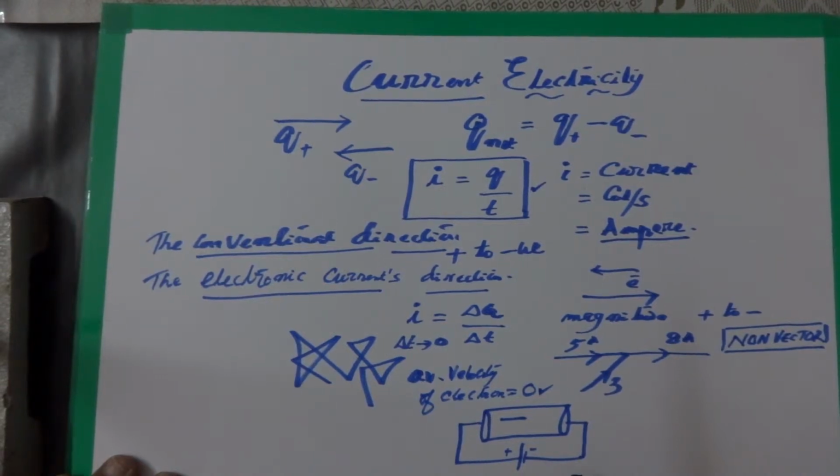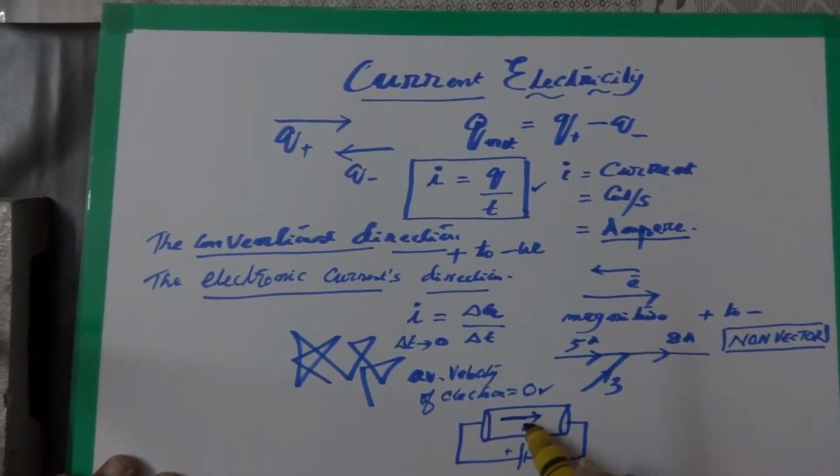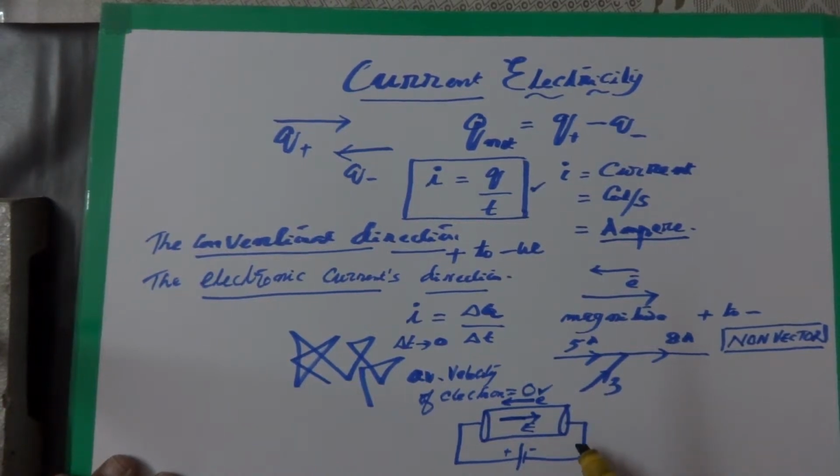Now, as and when the potential source is connected across the metal or conductor, then immediately an electric field is generated. The direction of the electric field is always from positive to negative. In the opposite direction of the electric field, the electron will have a tendency to move.